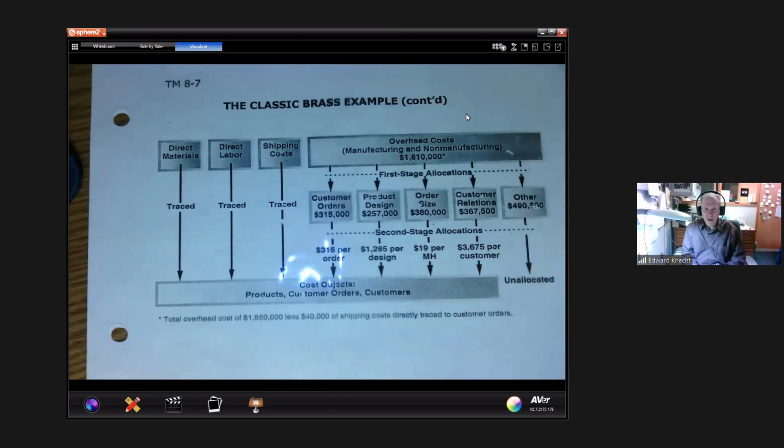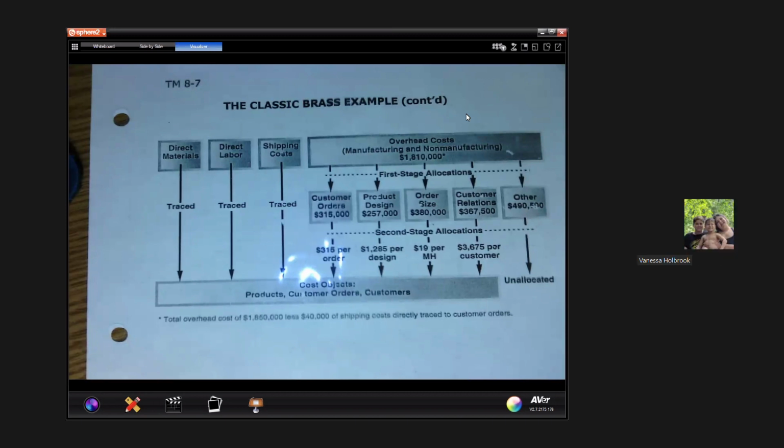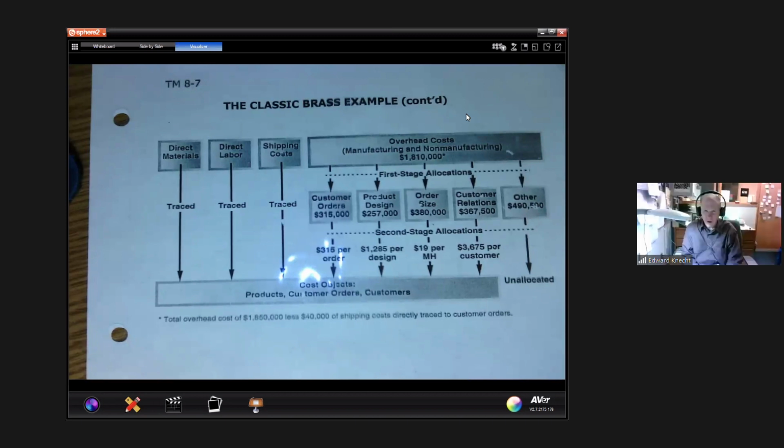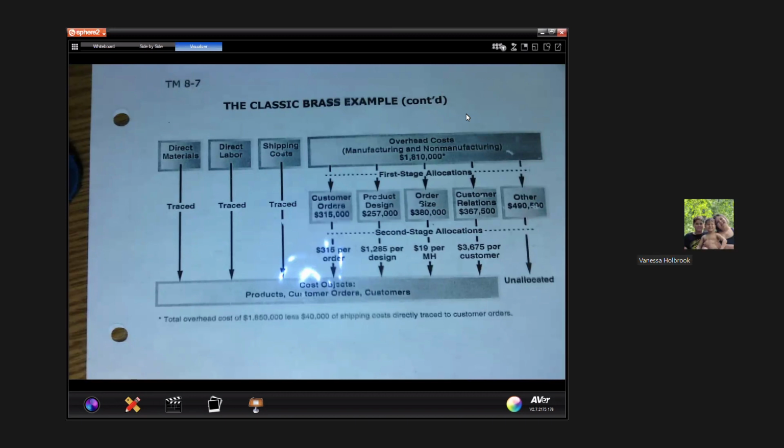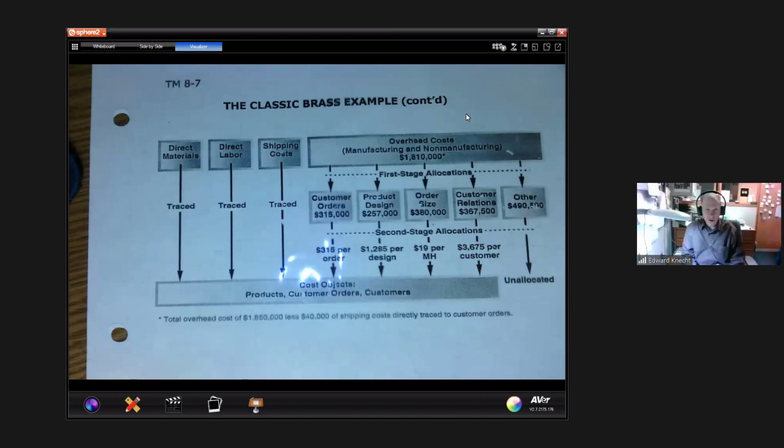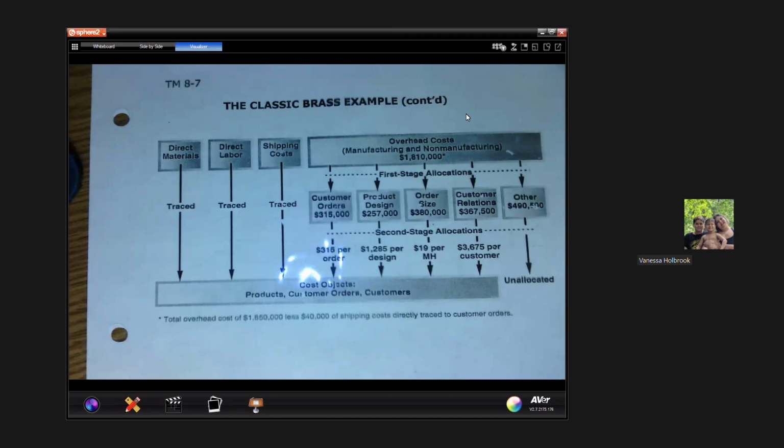It's a non-manufacturing cost, a selling cost. But in activity-based costing, you can go ahead and do that. You can do that for all costs or whatever cost you want, because you're trying to determine the cost of activity. So you don't try to exclude something that's part of the cost.